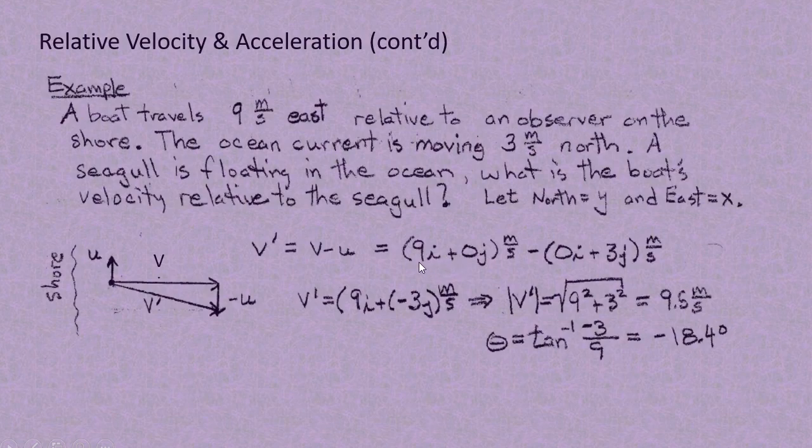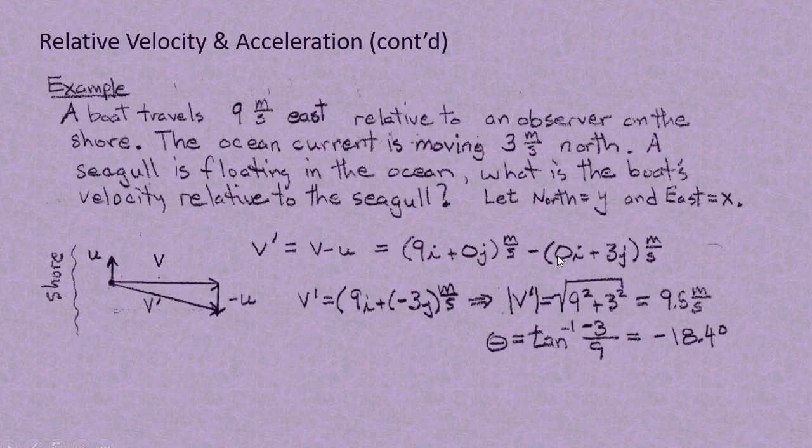So this is the boat's velocity vector, v. It's heading east. So that's 9 meters per second times the i unit vector plus 0 meters per second times the j unit vector, because the boat relative to the person on the shore is moving east. It has no motion north-south. We're going to subtract from that the velocity of the seagull from the observer's perspective standing on shore.